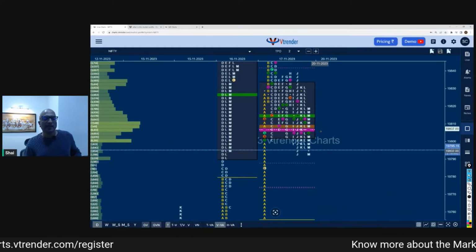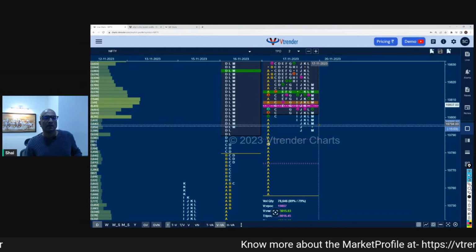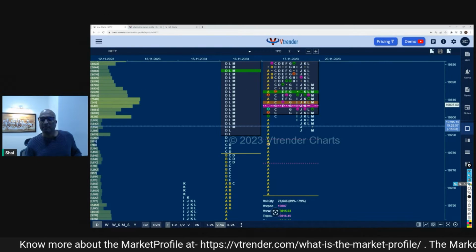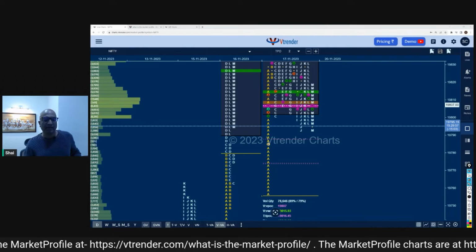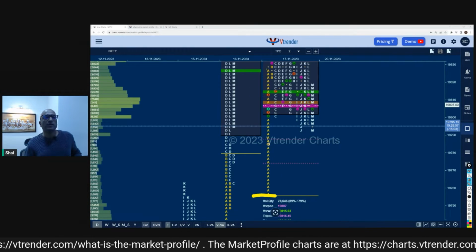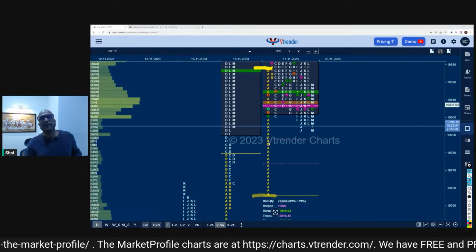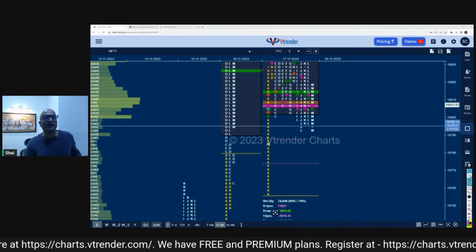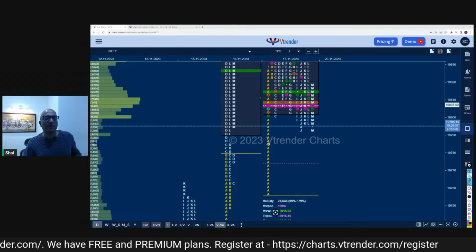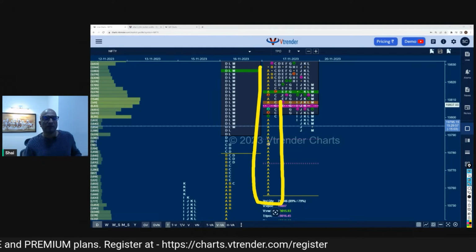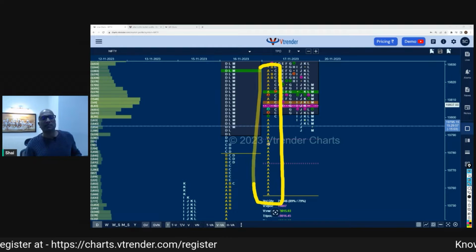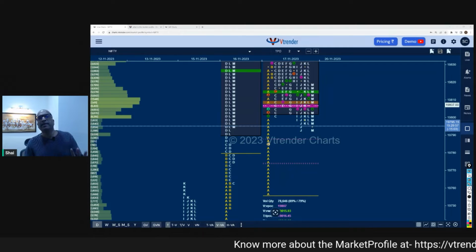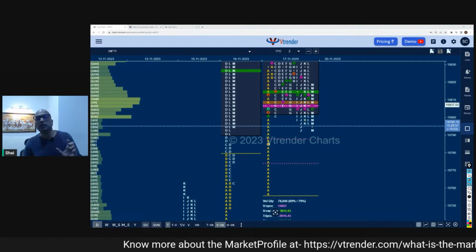This letter A, which is coming up right over here, is anything in the market beginning at 9:15 a.m. and right up to about 9:45 a.m. All the activity in that 30-minute period between 9:15 and 9:45 is represented by the letter A. There is a way of representing this letter A, and I'll come to it in a bit. But think of TPO as 30-minute candlestick bars. We work in the 30-minute time frame.